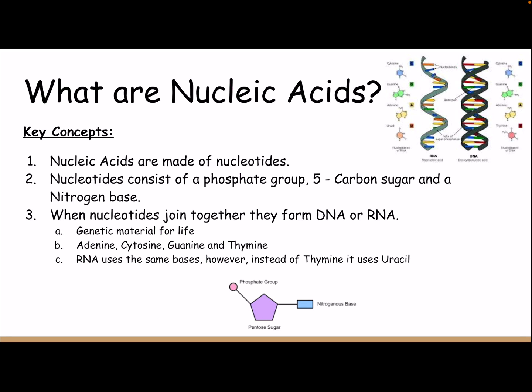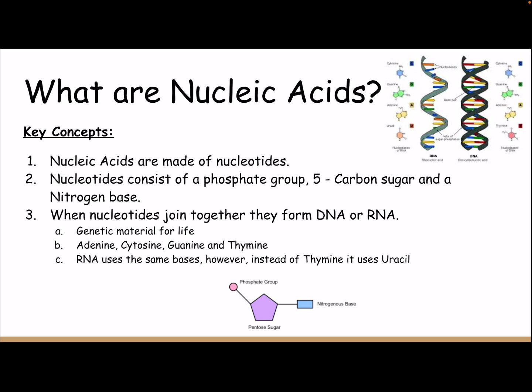And so something that I want to add here for you guys, just so you start to think about it, is that those four bases are going to pair very specifically. So adenine always pairs with thymine, and cytosine always pairs with guanine, okay? And so we'll talk more about that later.